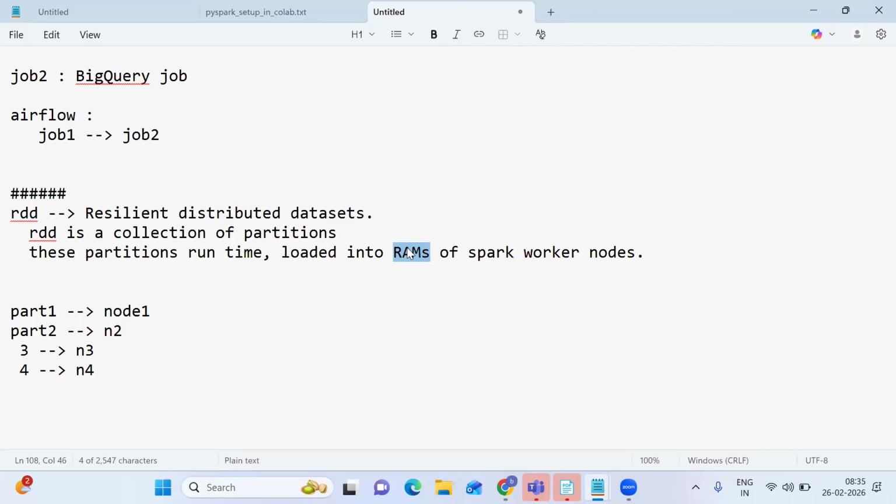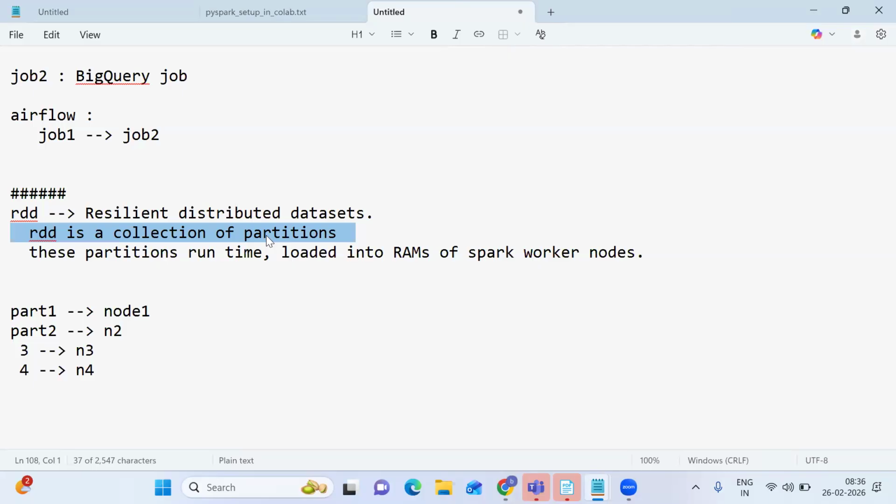What happens here? At run time, when I run the Spark job, that 1 terabyte of data is divided into multiple bundles called partitions. How many partitions you want, you can decide: 100, 200 or 400, depending on your cluster capacity.